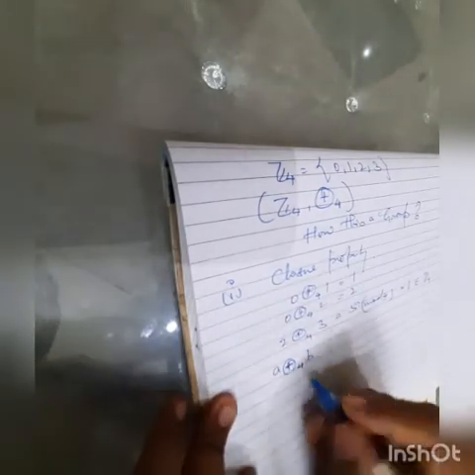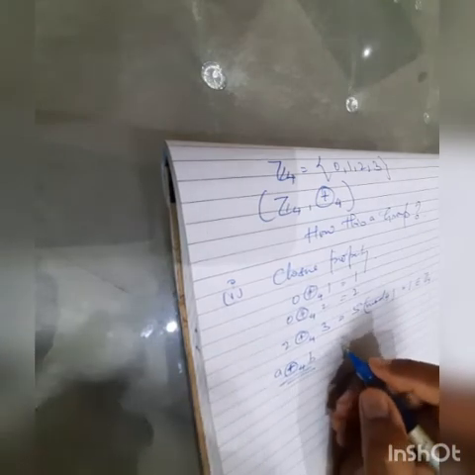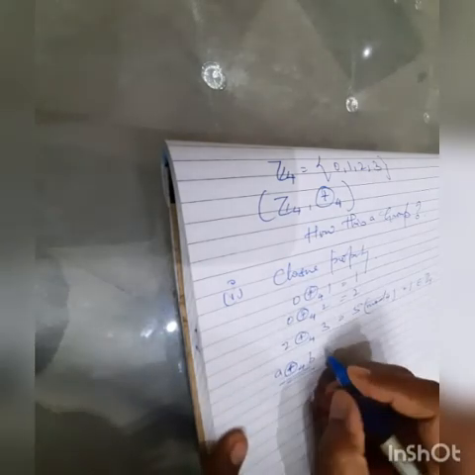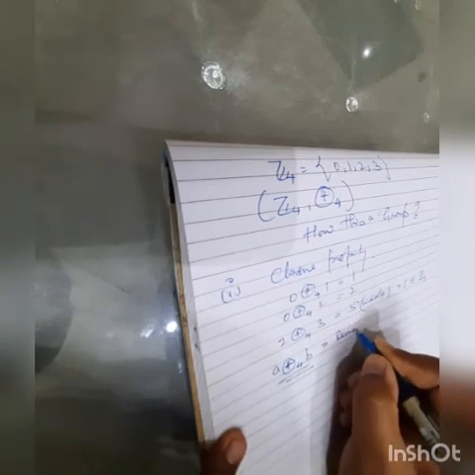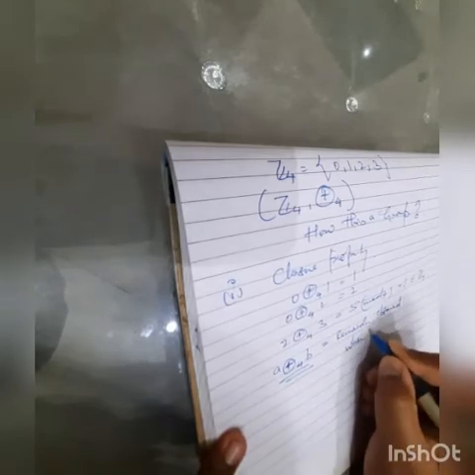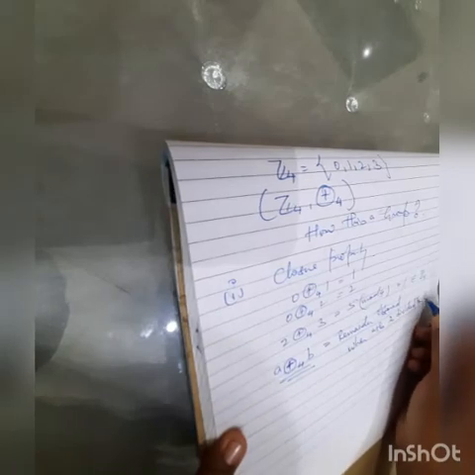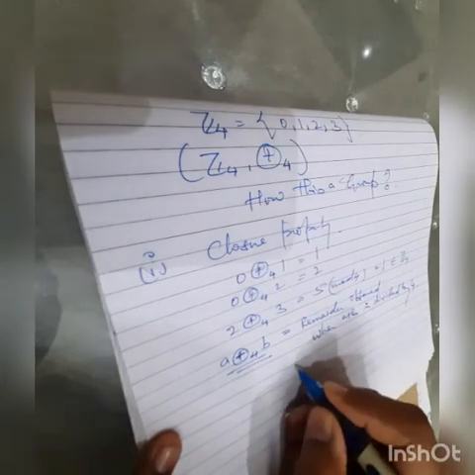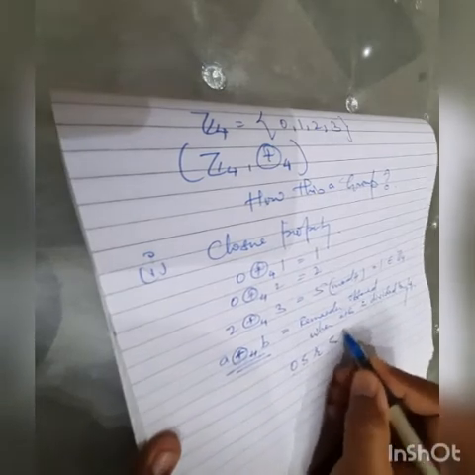As we have already seen, for any A and B, A plus B modulo 4 is nothing but the remainder obtained when A plus B is divided by 4. And we always know that the remainder lies between 0 and 4.